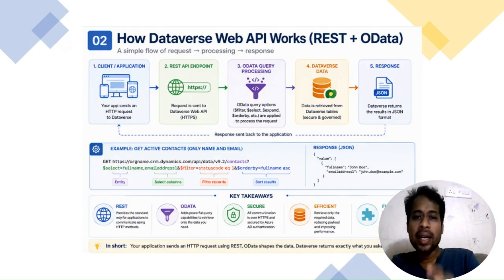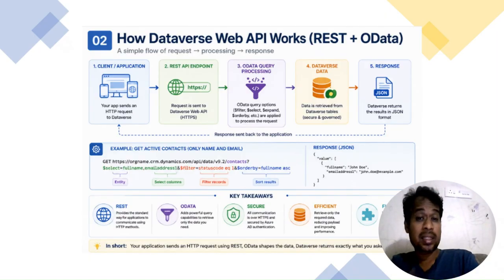So there is a mechanism, and this is where OData becomes powerful. OData allows us to shape the data before Dataverse returns it. We can use query options like select, filter, expand, and order by. All of these are parameters you can use with your Web API call or OData URL. Let's understand them.